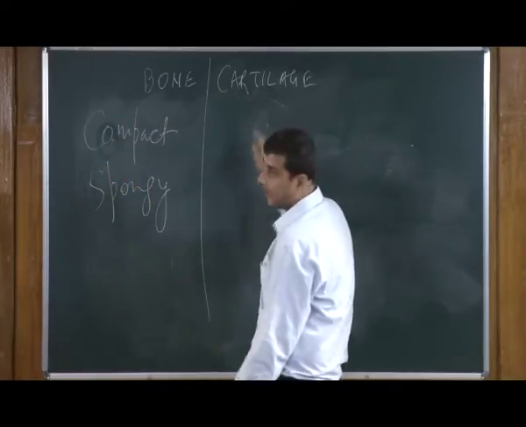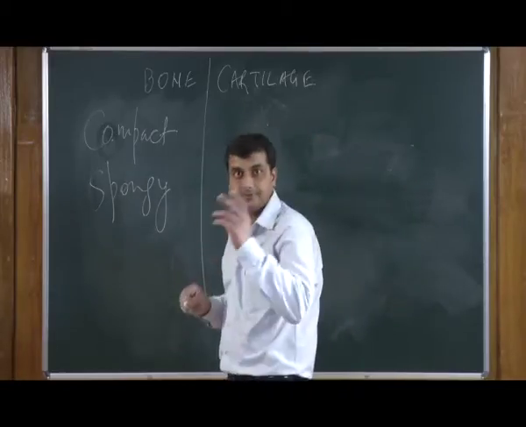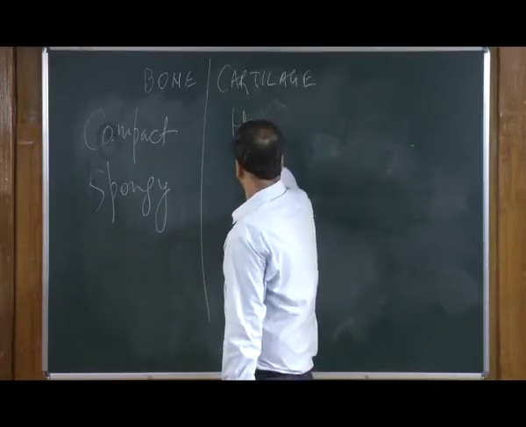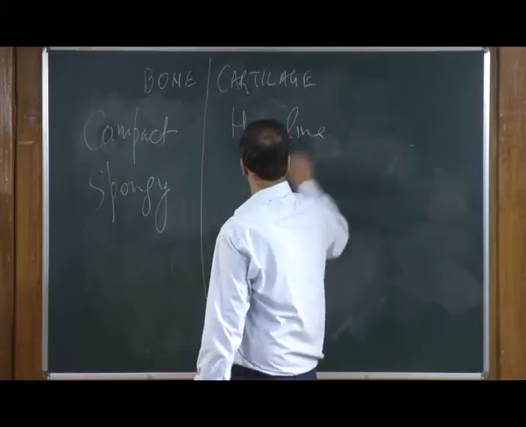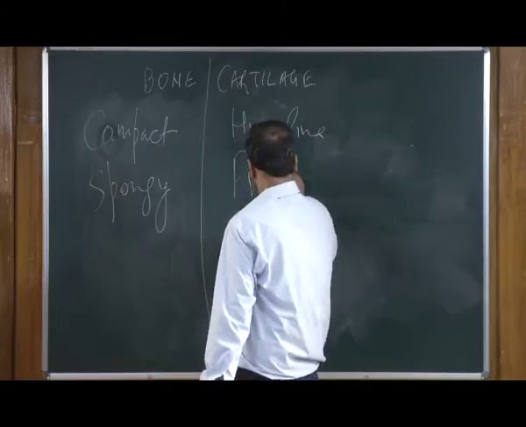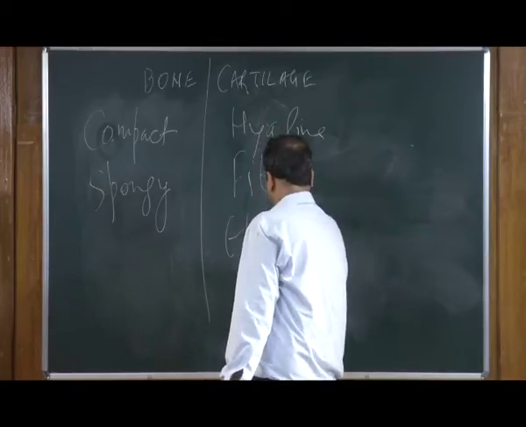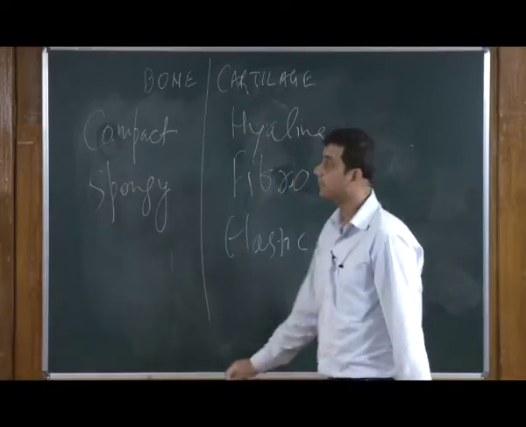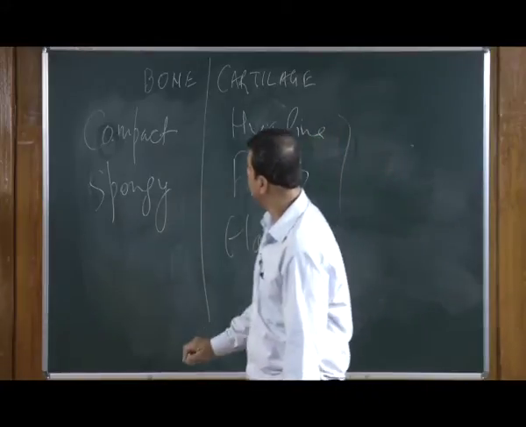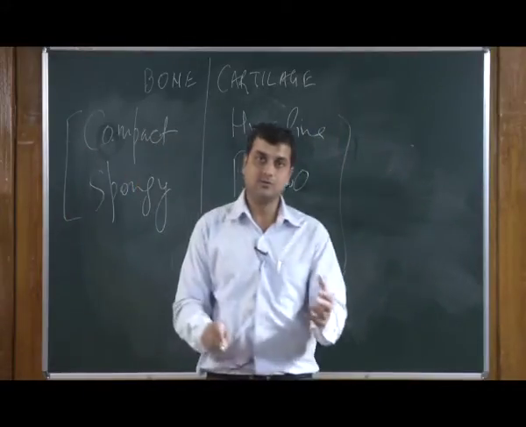While in case of cartilage, we have three different kinds of cartilage: hyaline cartilage, fibrocartilage and elastic cartilage. So, we have three kinds of cartilage and two distinct kinds of bones.